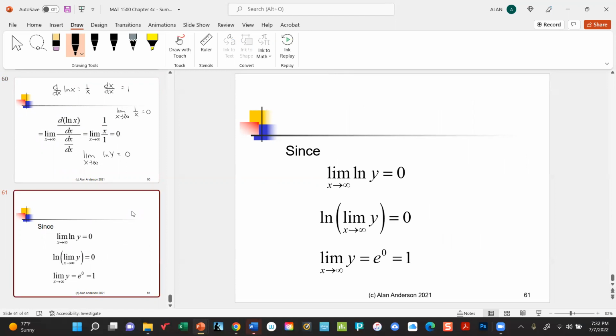So if the log of y equals 0, that means e to the log y equals e to the 0.